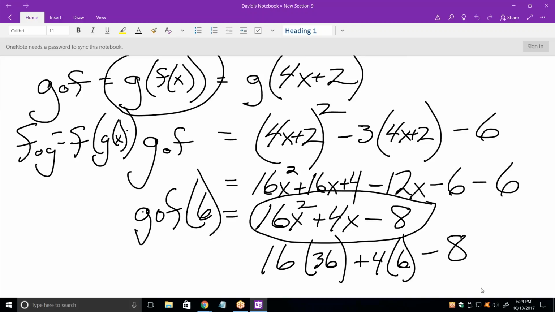So we have 16 times 36 plus 24, minus 8. I have my calculator right here.